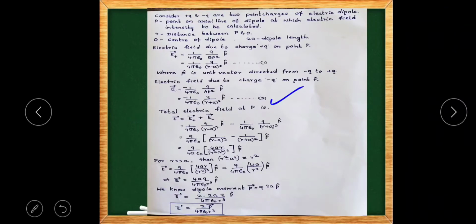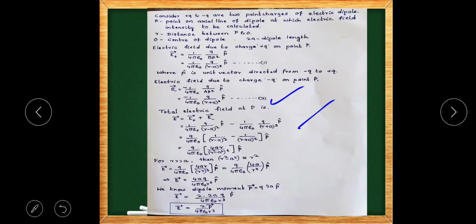Now the total electric field at point P is the sum of these two electric fields, because these two fields are acting along the same line, that is the axial line. So substitute E plus and E minus values.